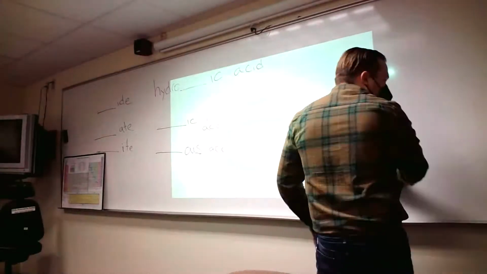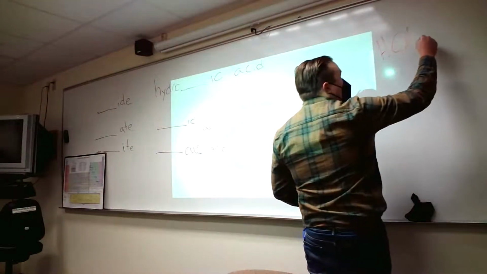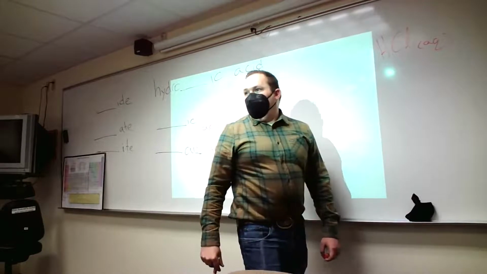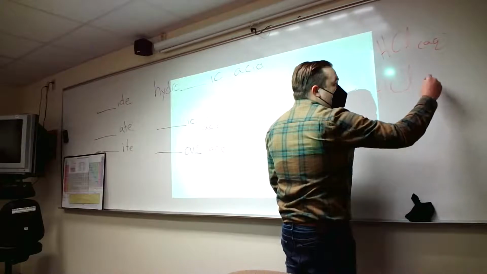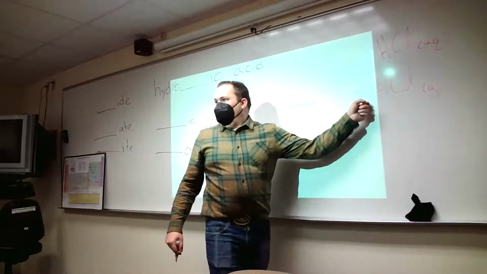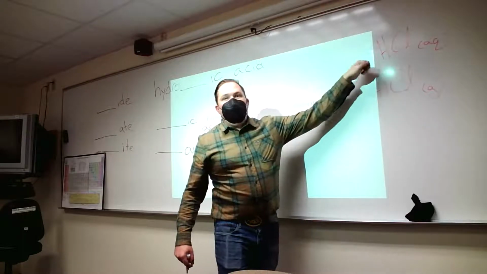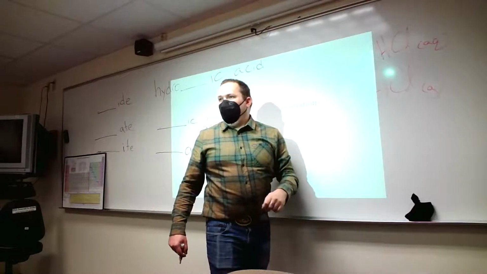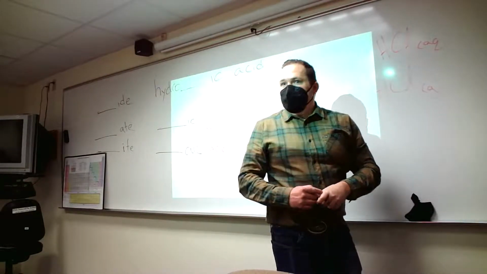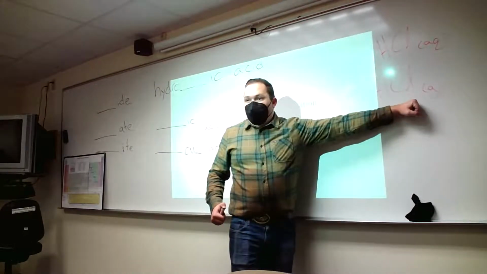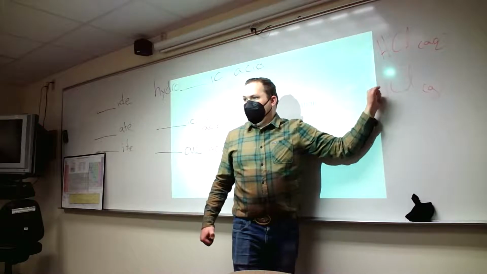So if you have HCl aqueous, that's hydrochloric acid. But if you have HCl as a gas, that's hydrogen chloride, basically because it can't be an acid until it's dissolved in water. And this subscript here, aqueous, means dissolved in water. So if it's not dissolved in water, you just name it as though it's an ionic compound. Say the name of the hydrogen, say chloride.